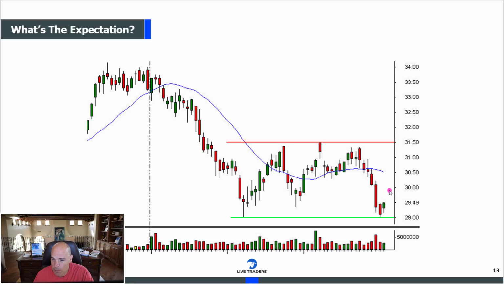If you're going to try to scalp it for a 1R pop to 30, probably a decent idea. If the market looks like it's about to rip higher as this is happening, probably a decent idea. So it comes back to what your expectation is for the stock and how does that expectation align with your trading plan, right?